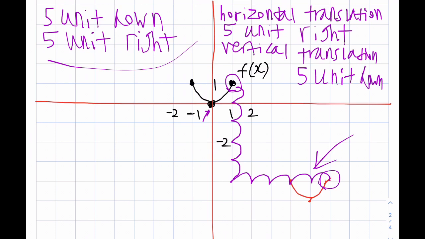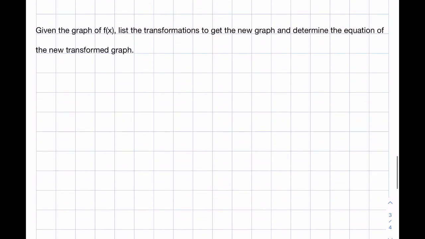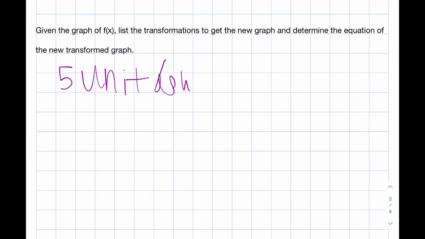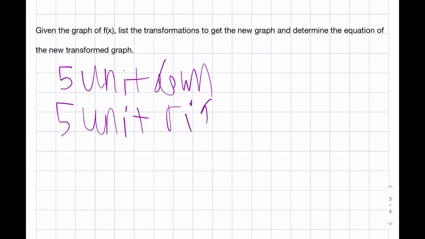All right, now we got the transformation down. So 5 units down, 5 units right.